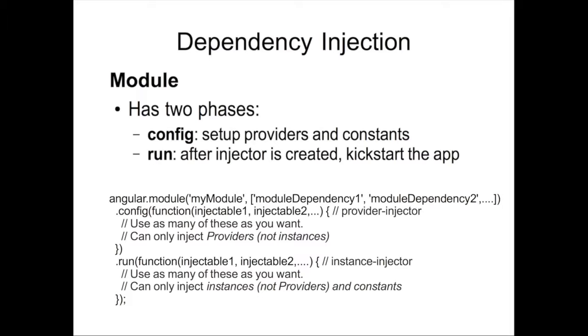Here's the configuration with the injectables. Use as many as you want. You can have a config section, .config more. You can only inject providers at this level. Down below, the run with the injectables, you can only inject instances there. The providers give you instances.